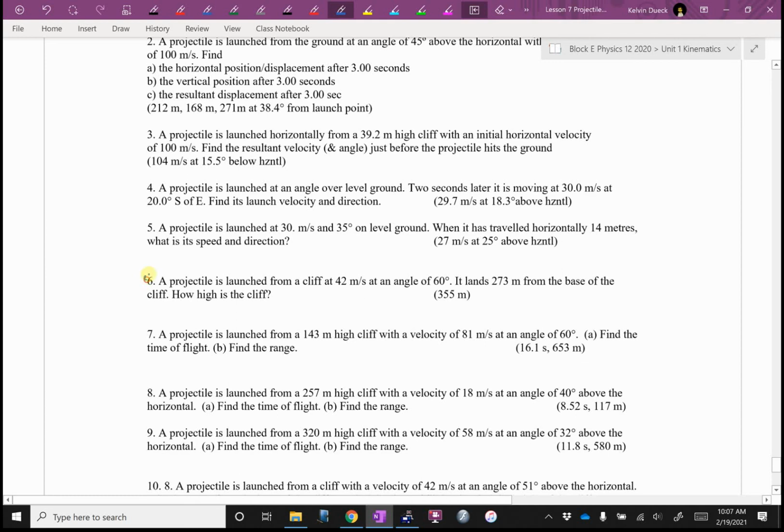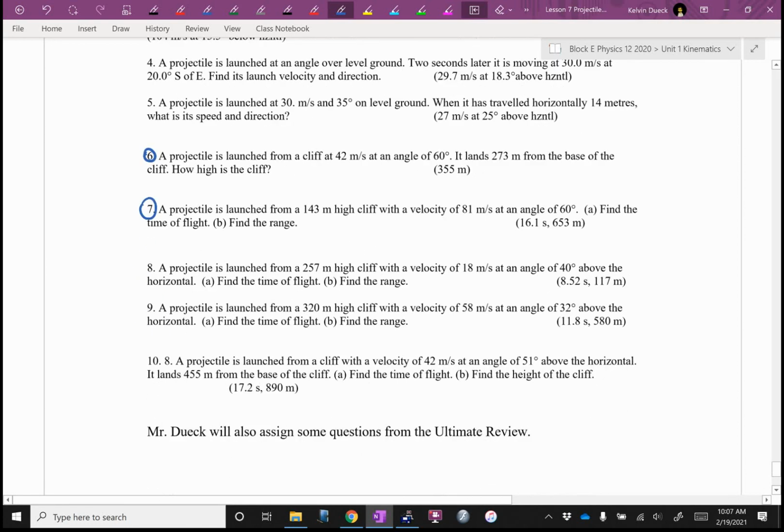You can try number 6. You can try number 7. 8.